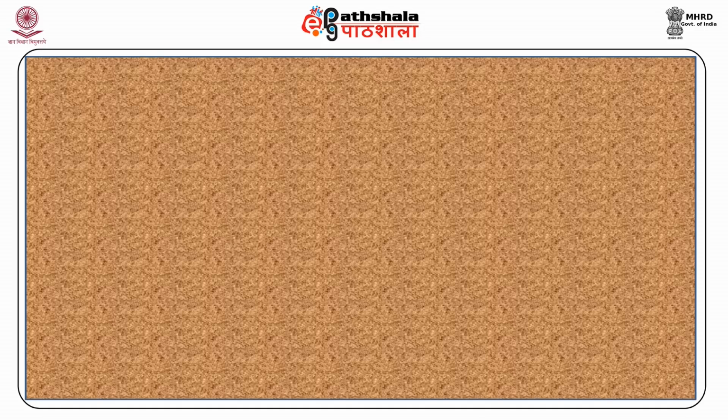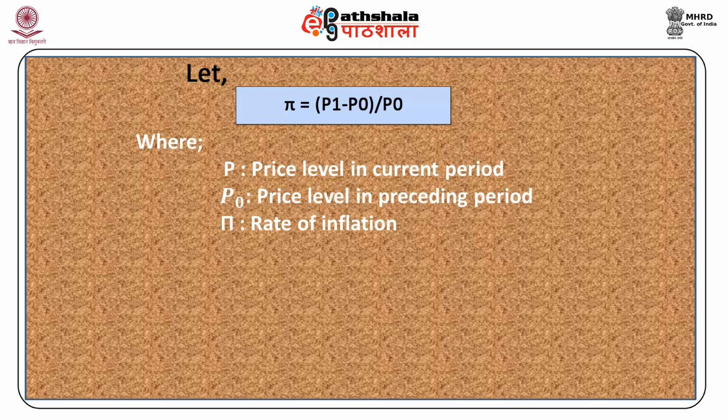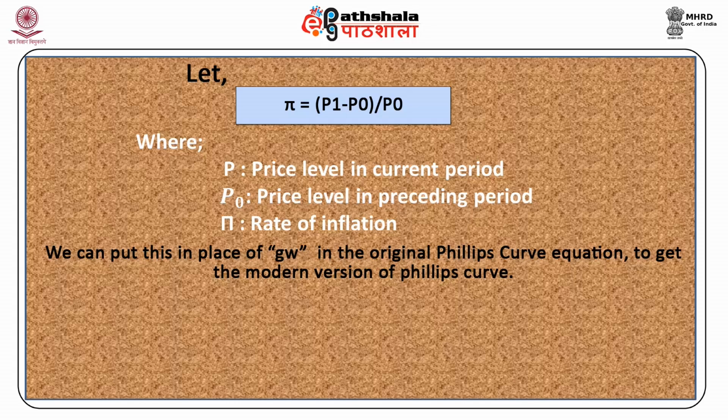Let us illustrate this. Let π is equal to (P1 minus P0) over P0, where P1 is the price level in the current period, P0 is the price level in the preceding period, and π is the rate of inflation. We can put this in place of g_w in the original Phillips curve equation to get the modern version, which is π = α − βu.